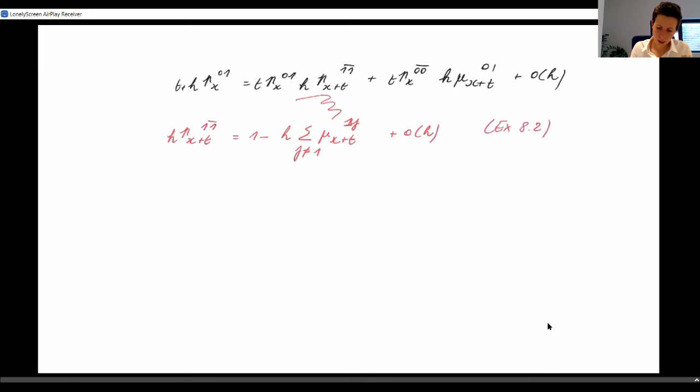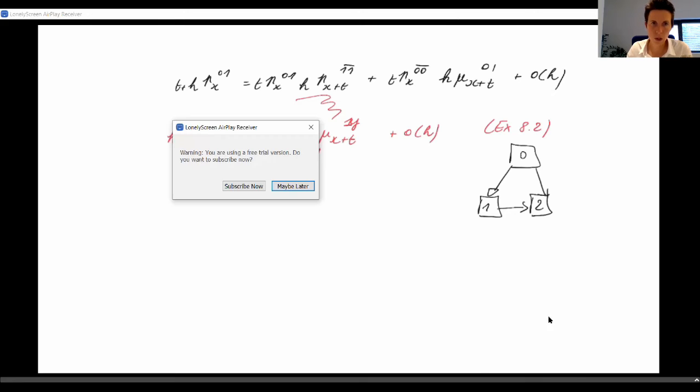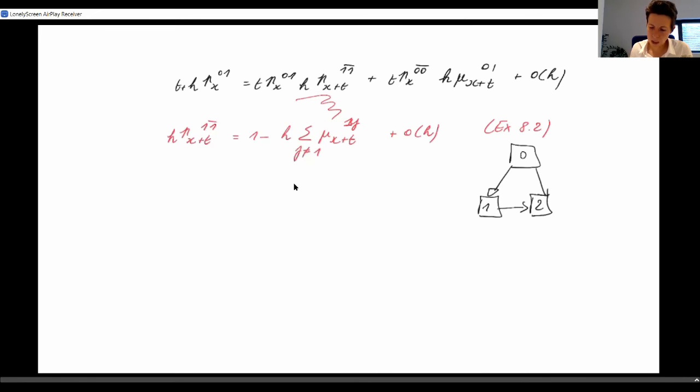Now I have to keep in mind that I'm looking at this permanent disability model, so I only have 0, 1, and then 2. So if I look at which transition intensities I can use here, that means I can only take into account the transition intensity to go from 1 to 2.